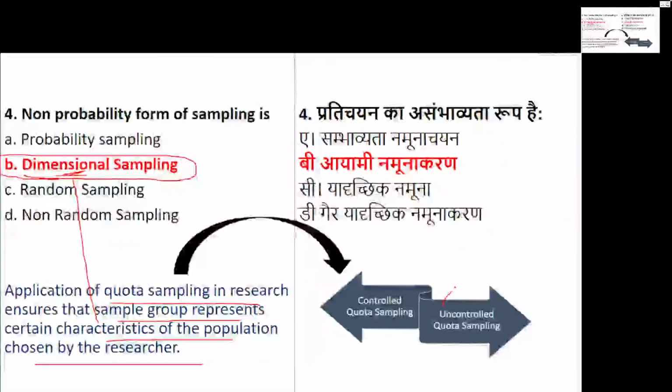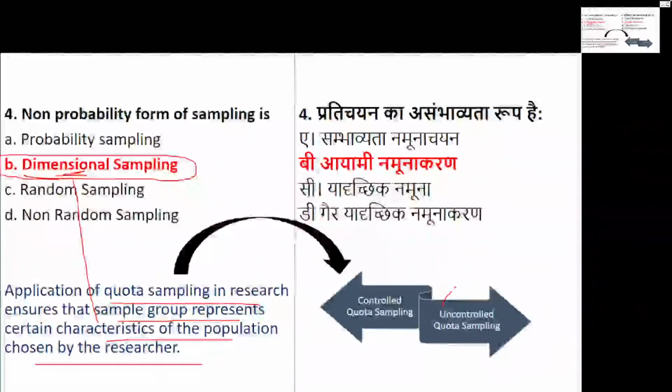Now, I will explain to those who selected option D, non-random sampling. Please try to understand, non-random is a method.